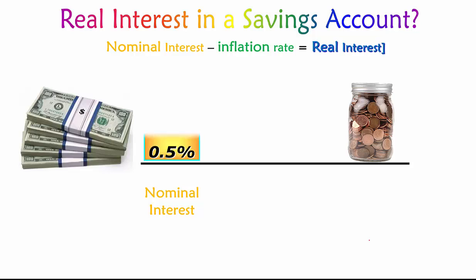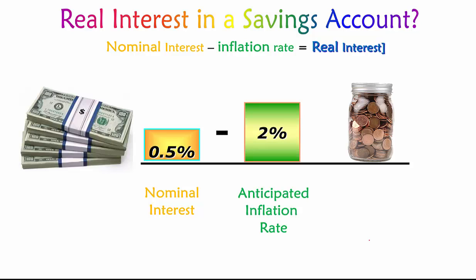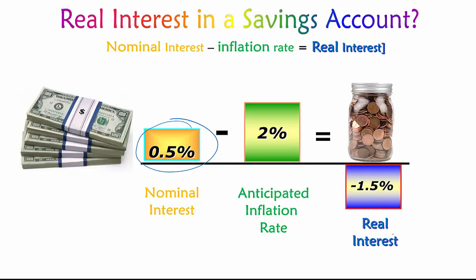So this might depress you a little bit. When you put your money in the bank, you're trying to save it and make it grow. Well, your savings account is probably paying somewhere less than 1% for sure. And your anticipated inflation rate is about 2%. Therefore, you're turning dollars into pennies because your real interest rate is negative 1.5%.